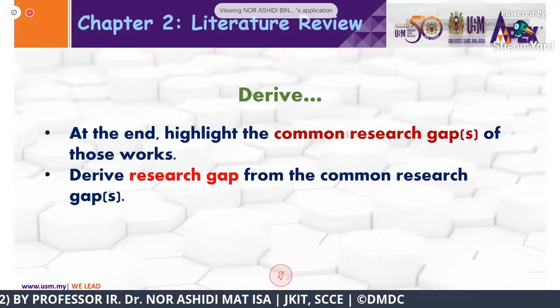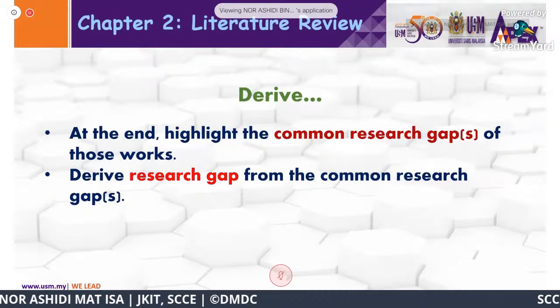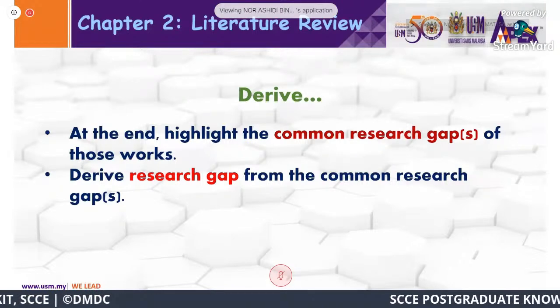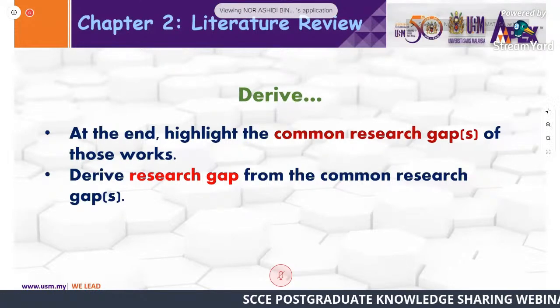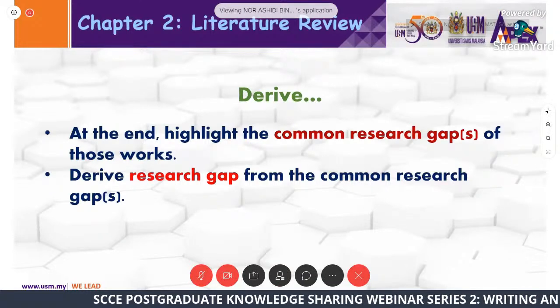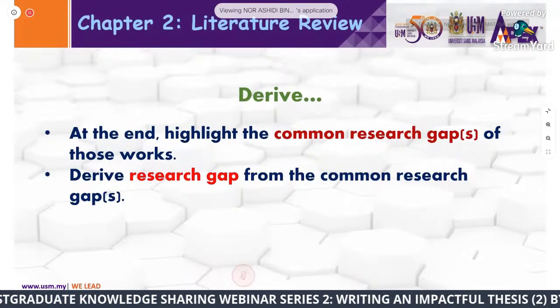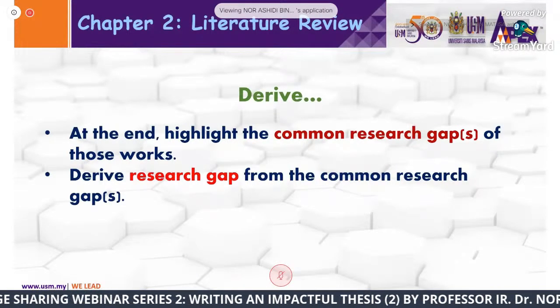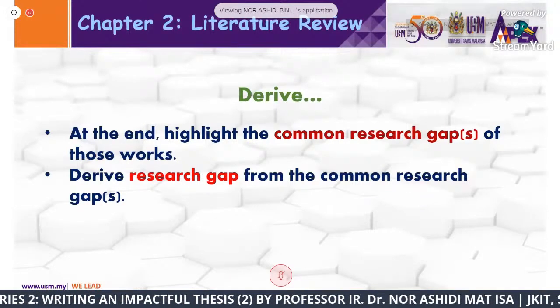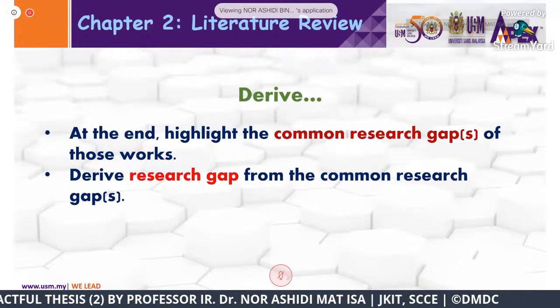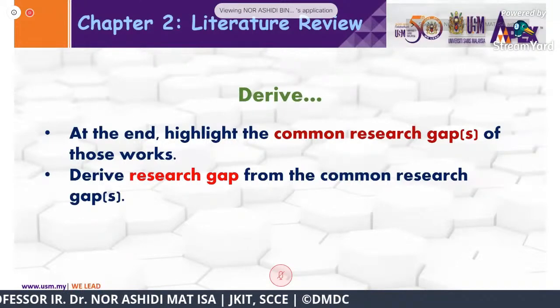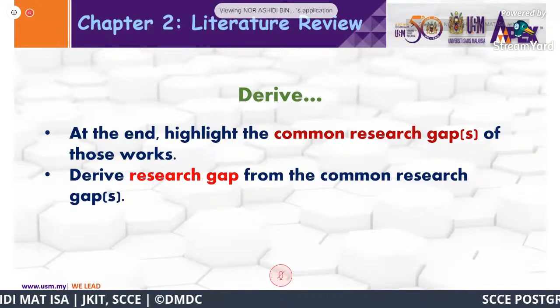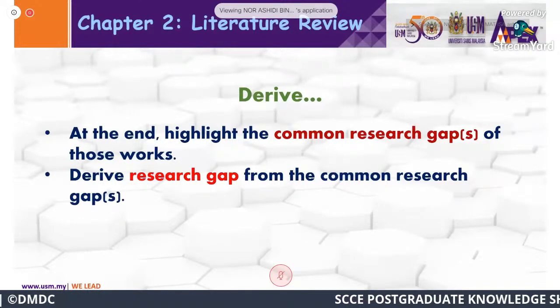Because each problem is specific to one system, every system will have its own limitation or problem. So now you need another skill, where you combine these 10 problems and come out with one common research gap, to be set as your research gap.